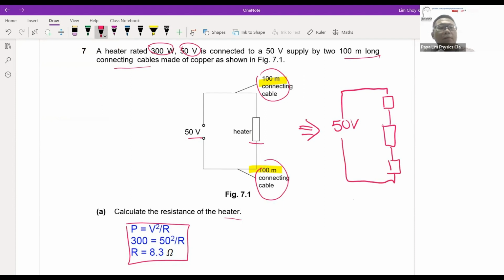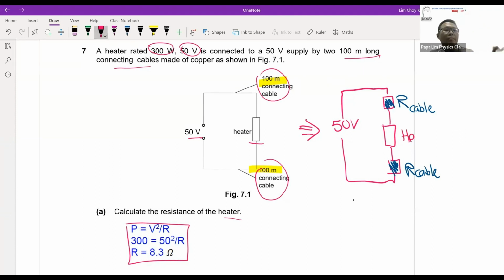The first one is the resistance of the cable, the third one is also the resistance of the cable, so 100 meter each on top and below. And in between, you have the heater.